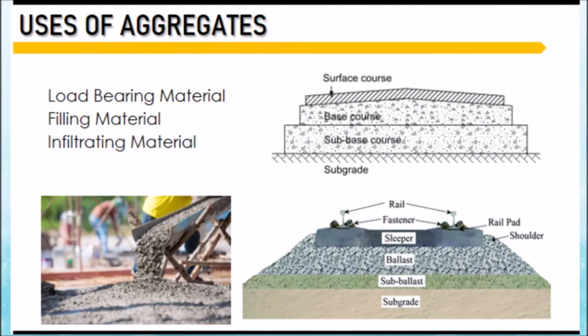So here, aggregates are used to resist overall static as well as dynamic load. Aggregates as ballast can distribute the load properly to the supporting ground and to drain off water from the surface. In concrete, aggregates are used for economy, to reduce shrinkage and cracks, and to strengthen the structures.